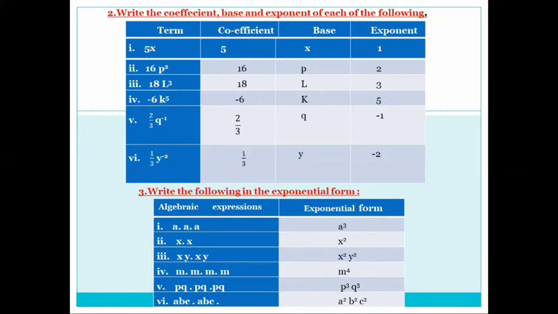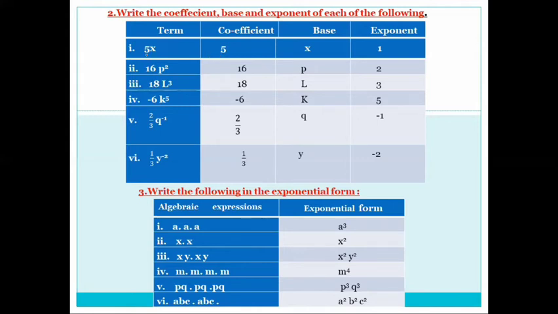The value which comes very front, like 5, 16, 18, minus 6, 2 over 3, 1 over 3, these are called the coefficient.